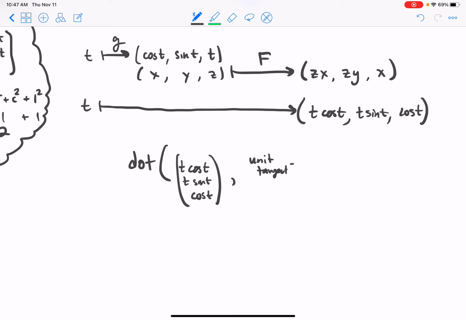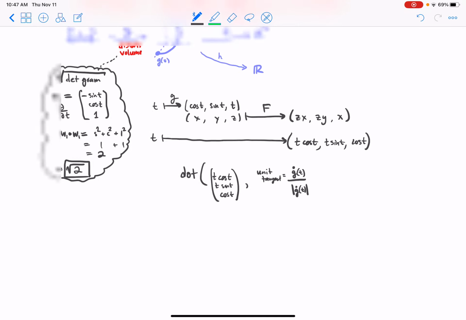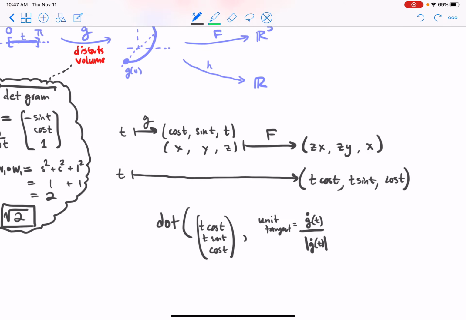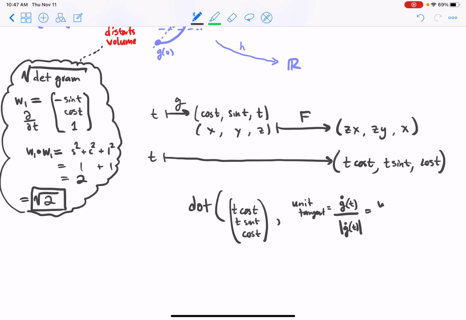So what's the unit tangent? Well, that's going to be g dot of t divided by the length of g dot of t. And what's g dot of t? Well, actually, we already computed it, right? Here it is. It's really w1. It's going to be w1 divided by the length of w1.